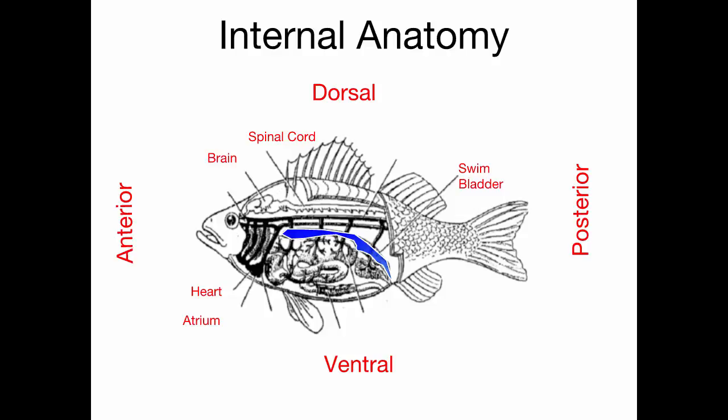It has two parts, the atrium and the ventricle. The atrium takes blood in, the ventricle pumps it out. The gills are back here. They're behind all of these blood vessels. And again, they're near these blood vessels so that they can absorb as much oxygen as possible.